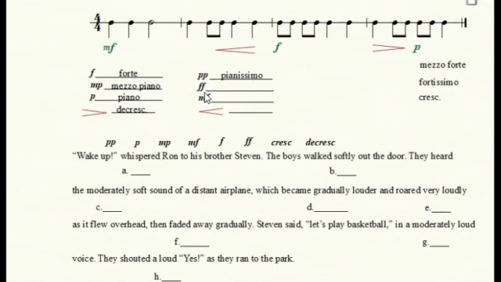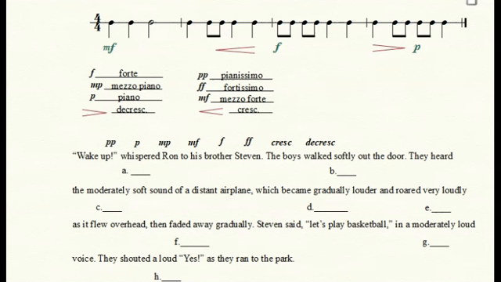Next we have two italicized F's, so we have fortissimo. Here we have an italicized M and F. We have mezzo forte. And lastly, we have a crescendo. We can tell because at the peak it's small, and then as it goes forward, the mouth gets larger.